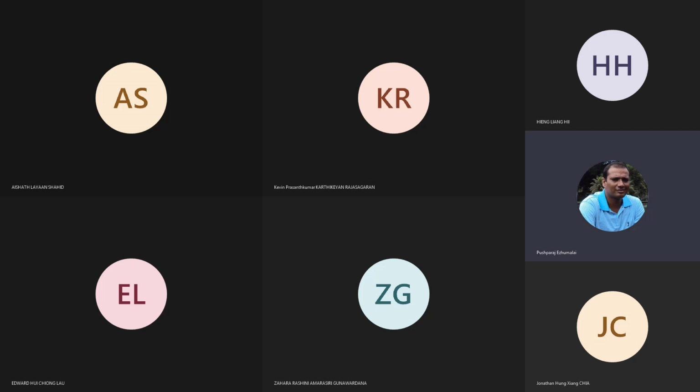So, any doubts on lab 4? Any questions on lab 4? Lab 4 is based on the photoelectric effect. You need to do two parts.